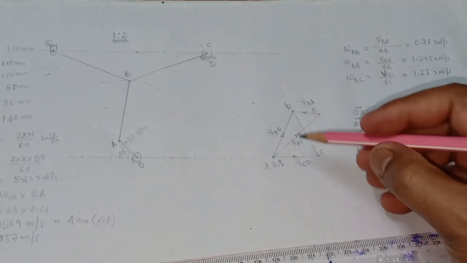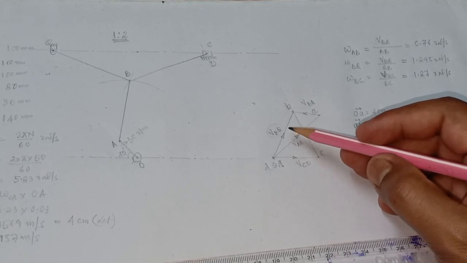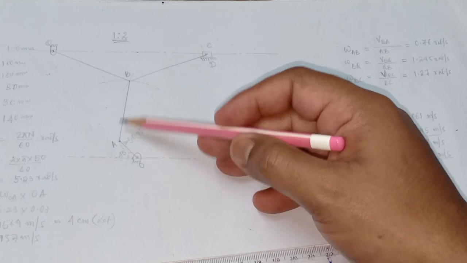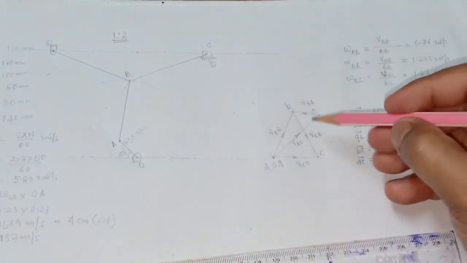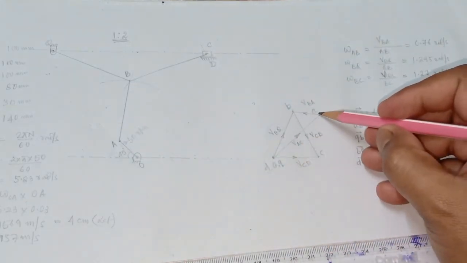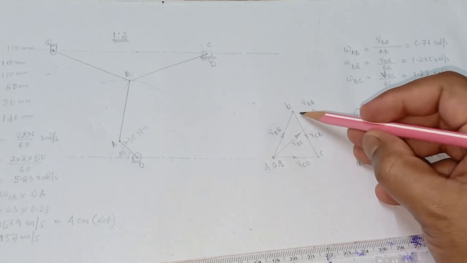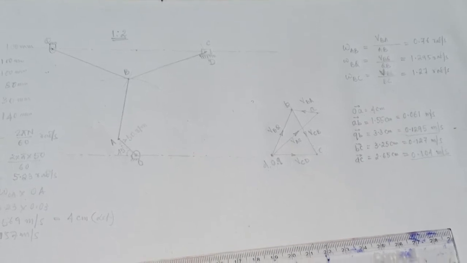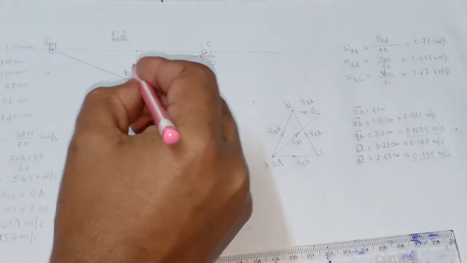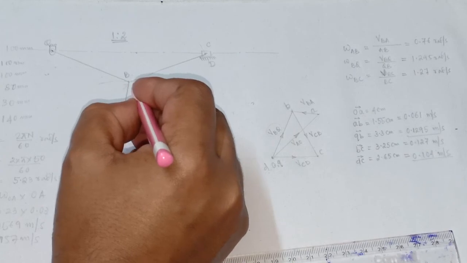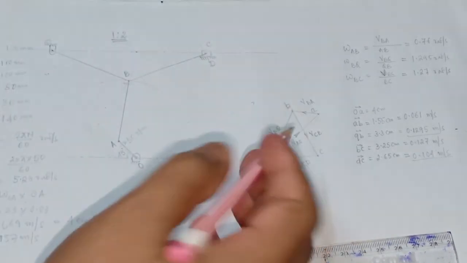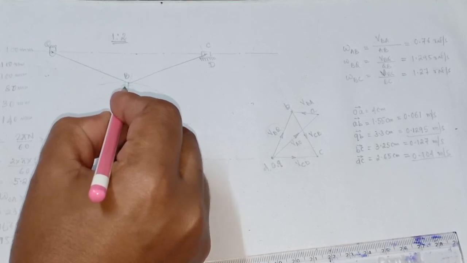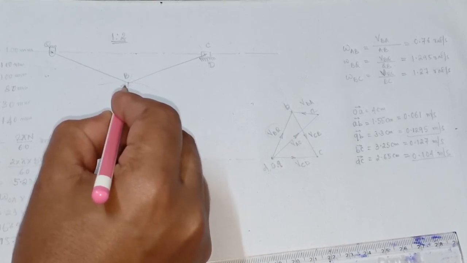Taking the arrow mark from the velocity diagram, for AB, from A towards B, it is towards the left-hand side. Now draw a perpendicular line on AB, and put the left-hand side arrow mark on this perpendicular line.